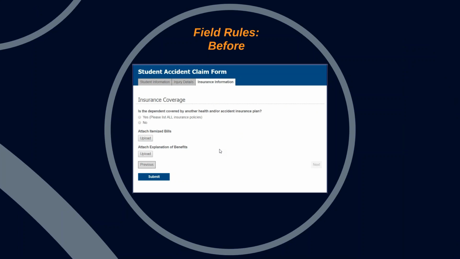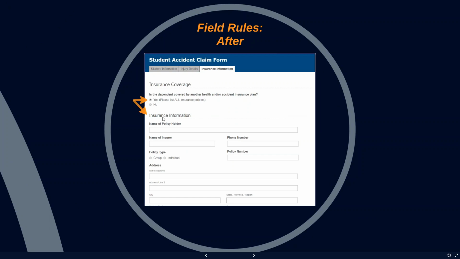All right, so let's take a look at what that actually looks like in practice. So we're back to our student accident claim form, and we're on the insurance information tab. And then we have the option to click yes or no on whether someone's covered by insurance. When we click yes, then our insurance information fields pop up here.